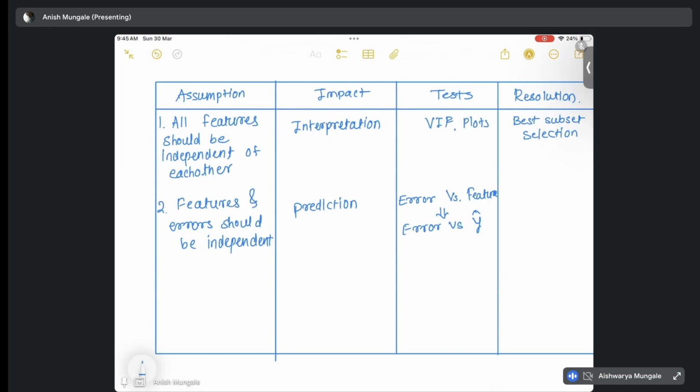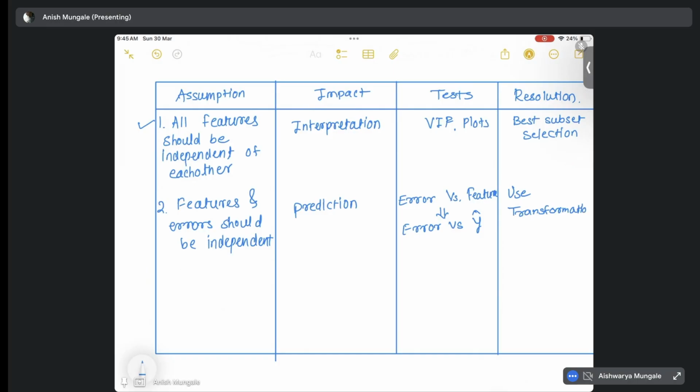What was the resolution we discussed? That we did for the first assumption: if they were dependent, we discarded. But in the second, we discussed that we will use the transformation.